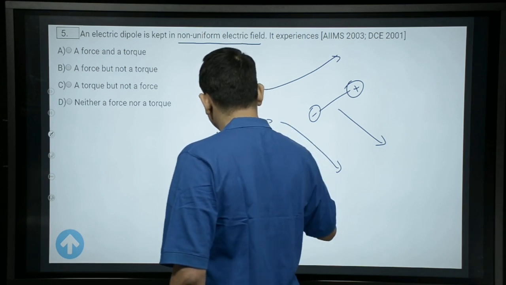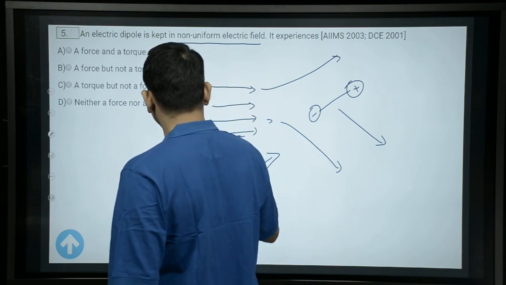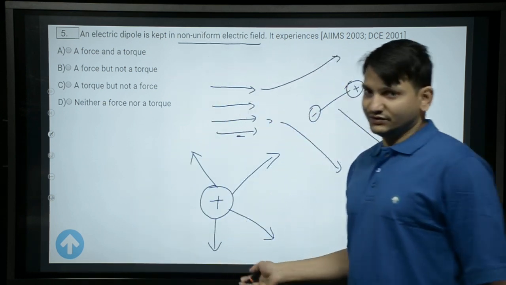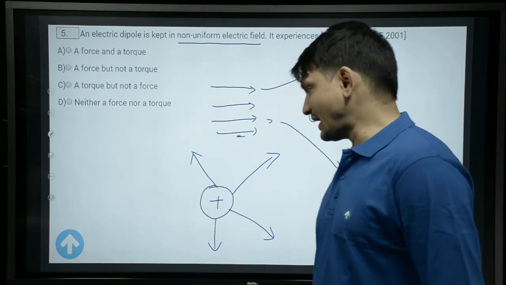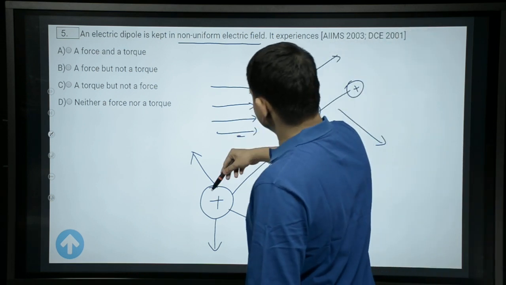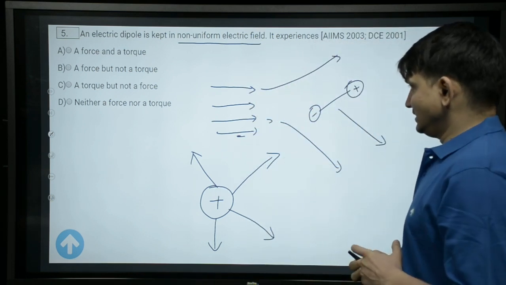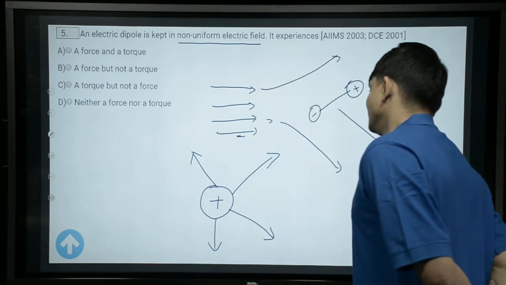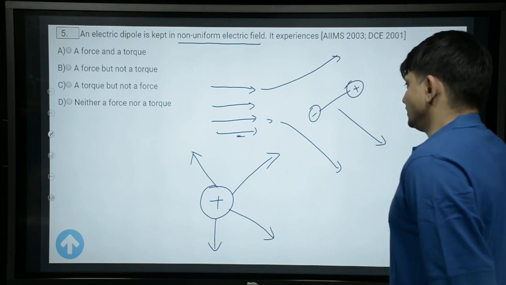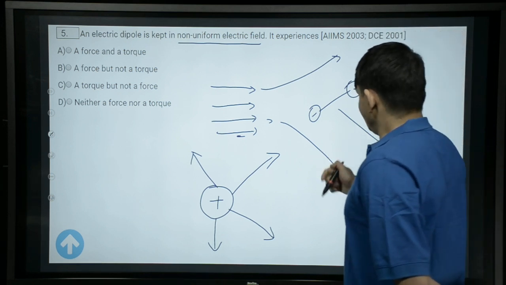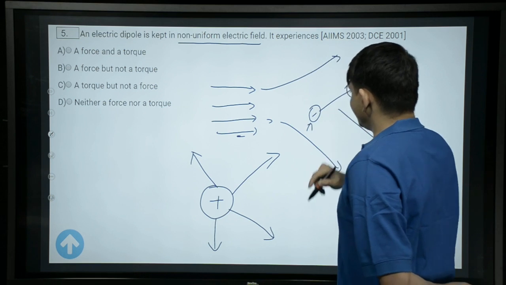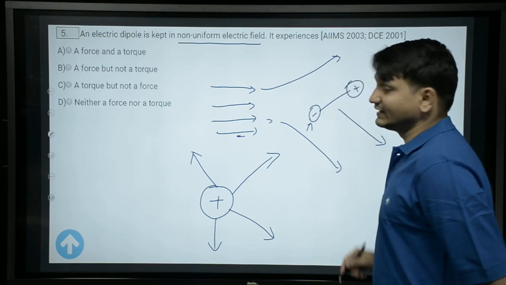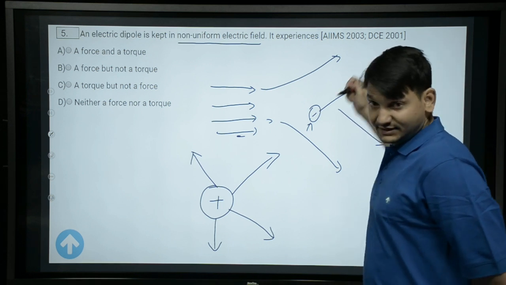This gives a radially outward electric field, which is non-uniform because the electric field lines are not parallel. So considering the force or torque because of this, it is kept in a non-uniform electric field. If it is non-uniform, the electric field at this end will not be the same as the electric field at the other end.